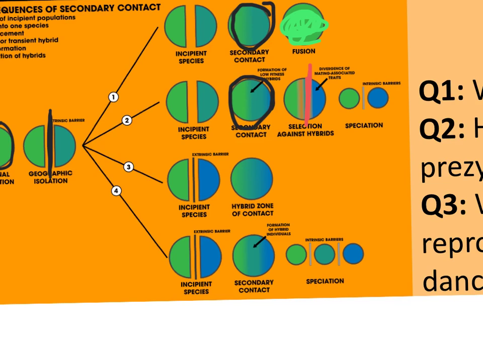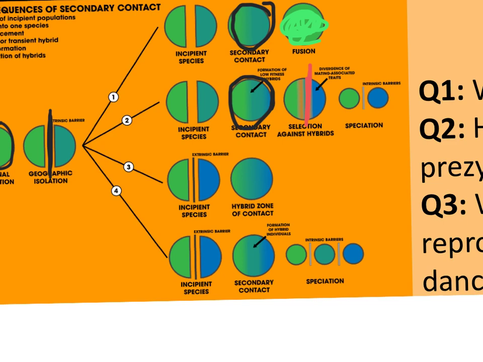Now, another thing that can happen is you have this extrinsic barrier, and if it's removed in the contact, there's actually a hybrid zone. Okay? But in this case, hybrid zone contact, there's still gene flow going on between them.